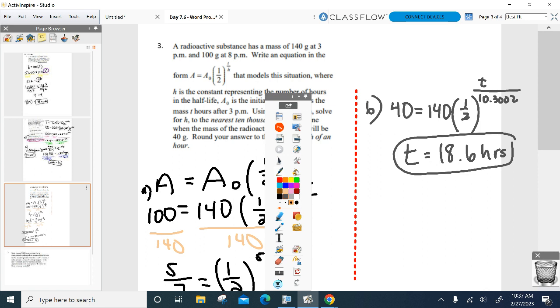Any help on the calcs or moving over stuff, logging both sides to get 18.6? Divide by 140, take the log of 1/2, and then multiply both sides by 10.3002 at the end.